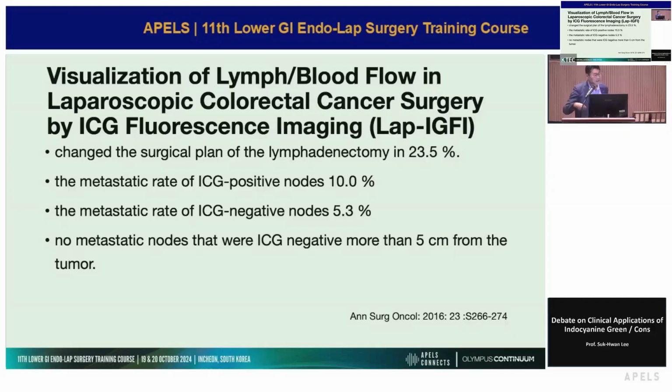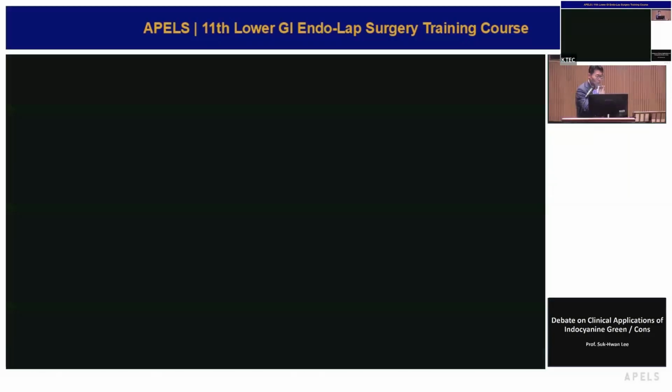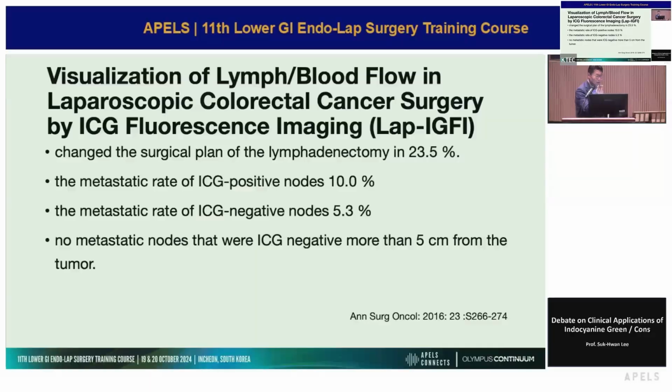The nodes with the ICG signal do not have any metastasis. For stage 2, he said there was a 3% node metastasis rate. So if you are doing the central area node dissection based on the ICG technique, we will have 97% unnecessary lymphadenectomy.